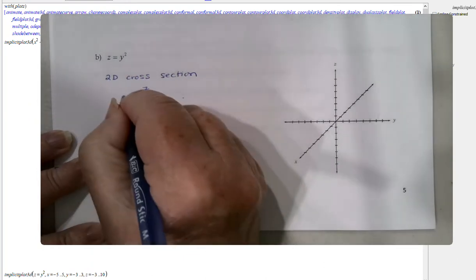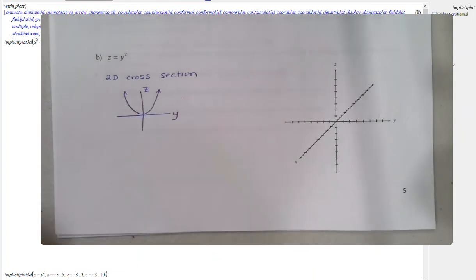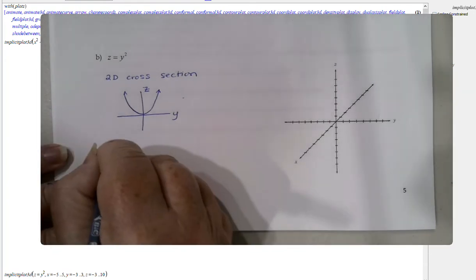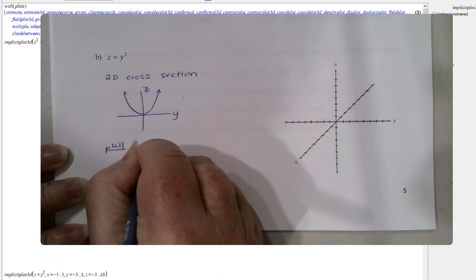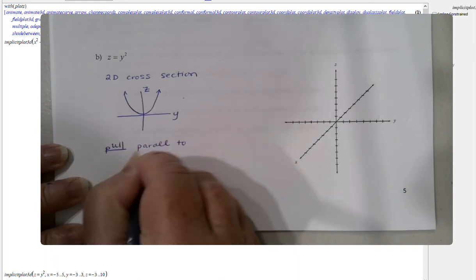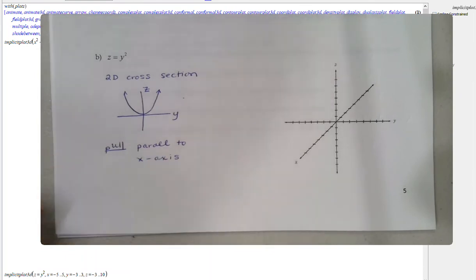Z equals y squared would essentially look like this. Now I have to imagine taking that and pulling it in the direction of, or parallel to, the x-axis, because x is the missing variable. It's not included in the equation.